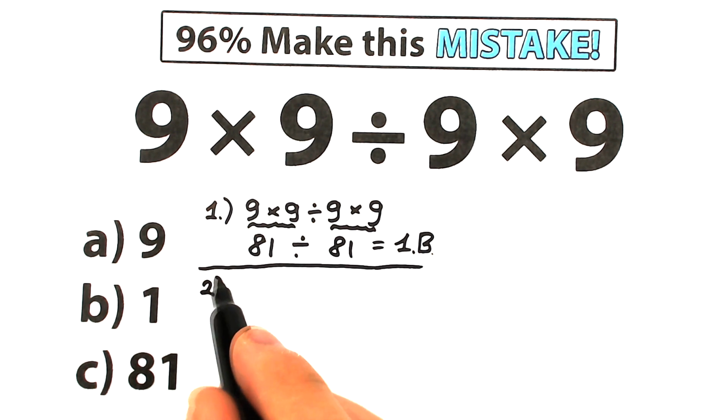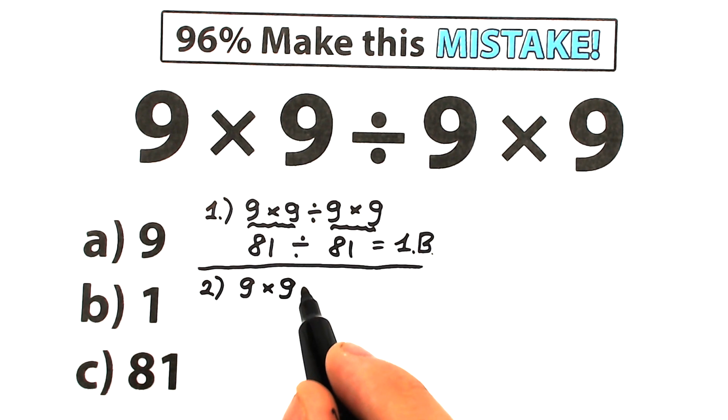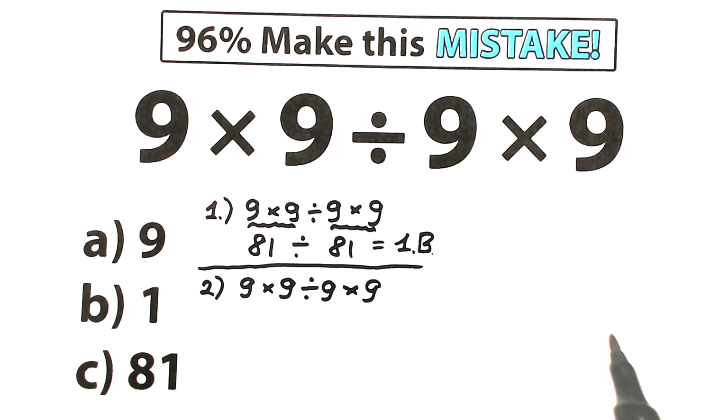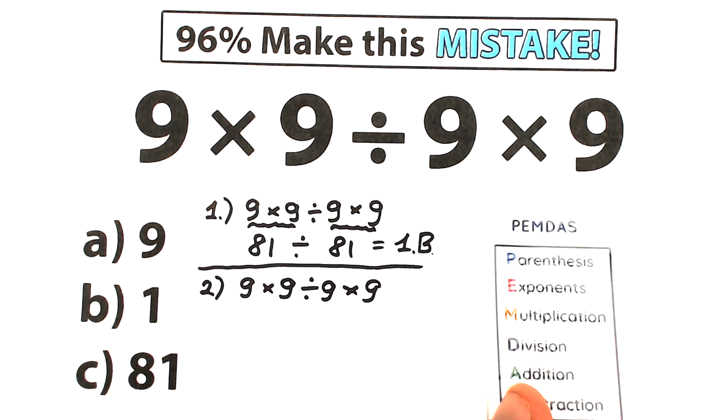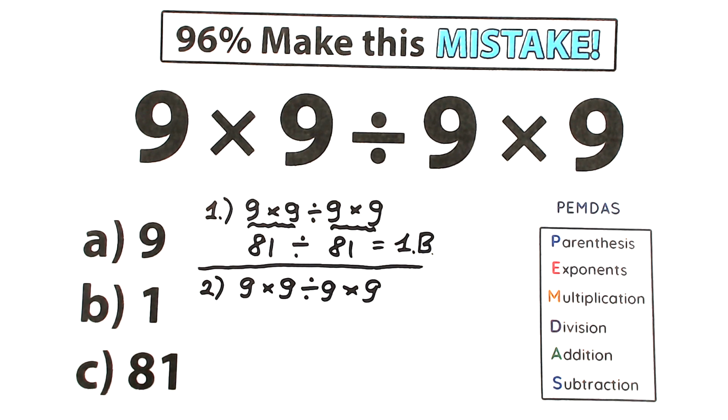In this second interpretation, let's solve this challenge according to order of operation. For example, let's use this PEMDAS order of operation. This is the most popular order of operation in the world. All internet libraries and scientific graphing calculators work according to PEMDAS, and I will use it for this challenge.